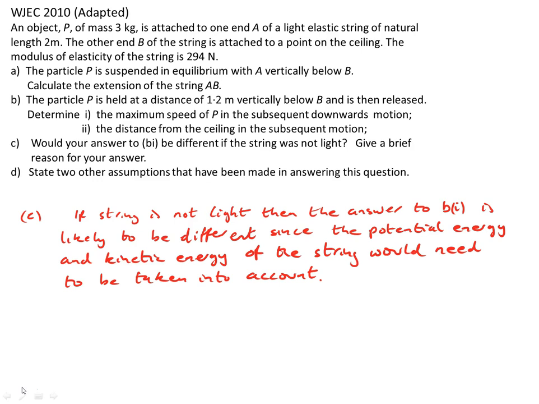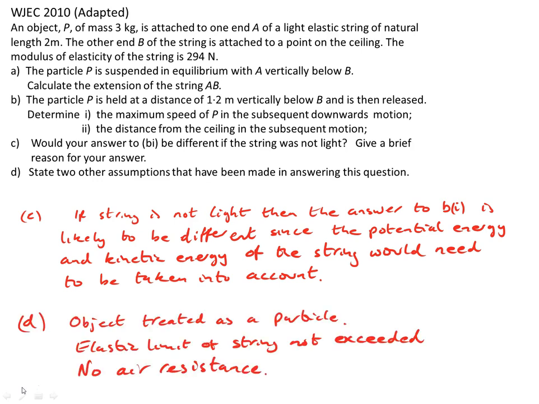There are lots of other assumptions that have been made in the course of answering this question. We've been treating the object as if it's a particle. We're certainly assuming that the elastic limit of the string has not been exceeded. And we're certainly ignoring any air resistance.